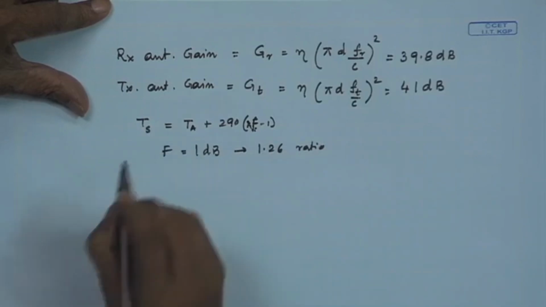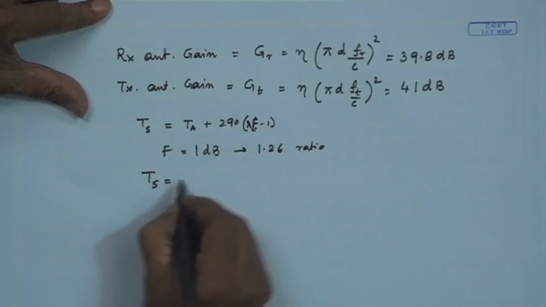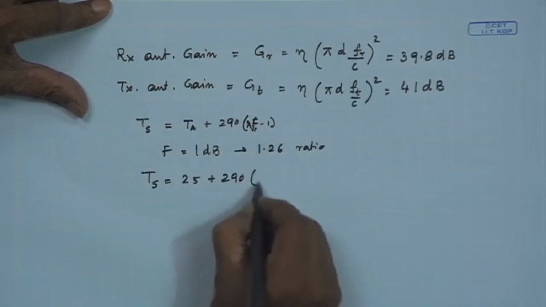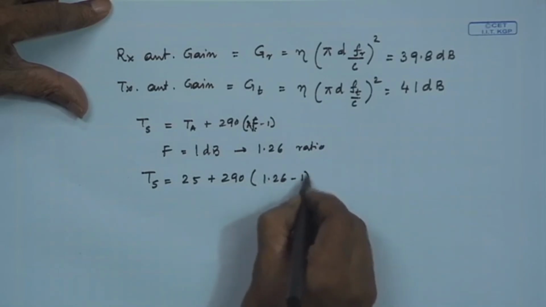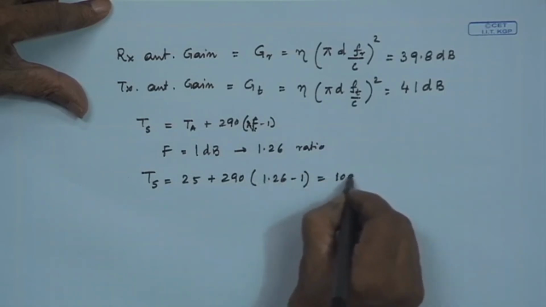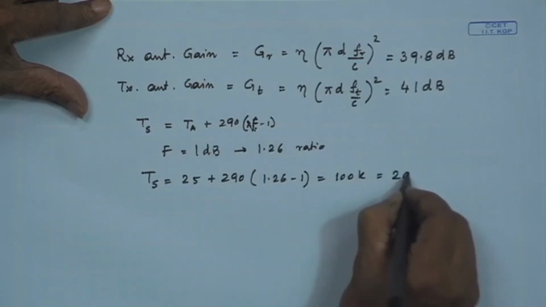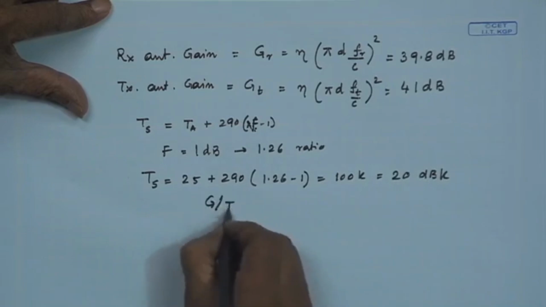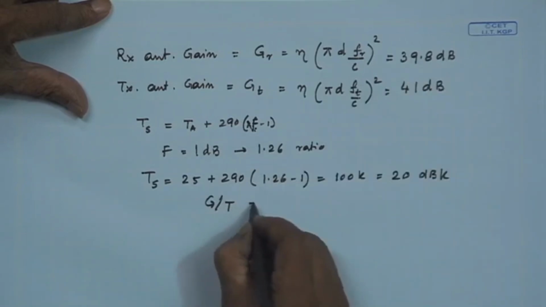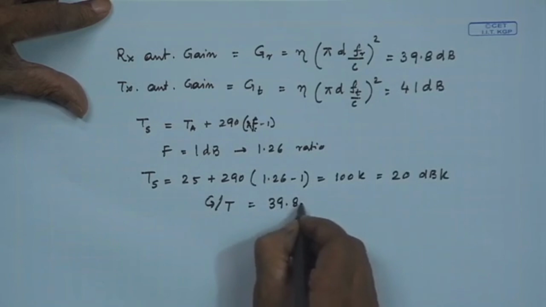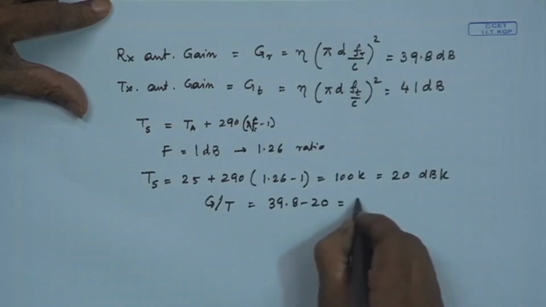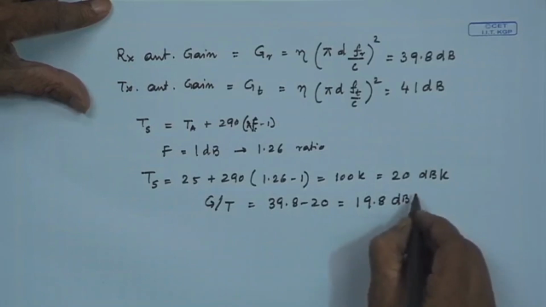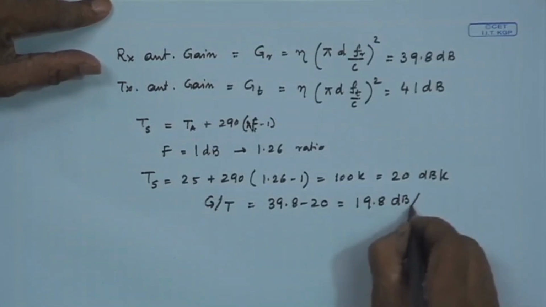So, Ts will come out to be 25 plus 290 times (1.26 minus 1), which is about 100 K, which is 20 dBK. So, G by T is the receive antenna gain 39.8 minus 20, which comes out to be 19.8 dB per Kelvin.